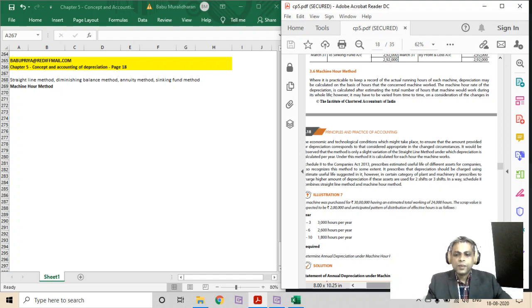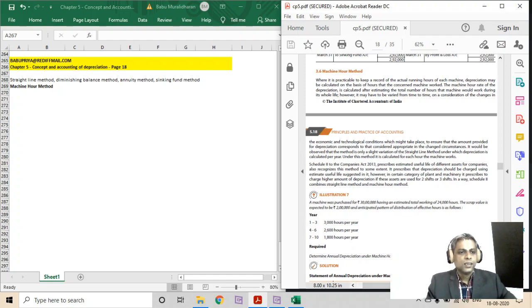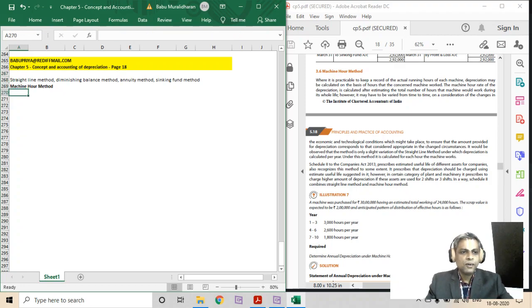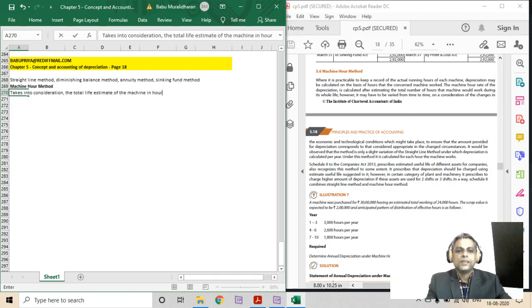Suppose, let's do a simple calculation. The machine hour method takes into consideration the total life estimate of the machine in hours.